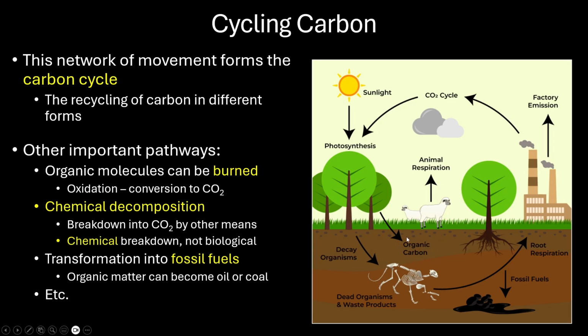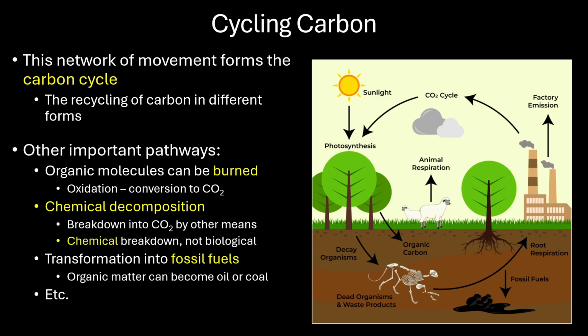Then those detritivores can do respiration to release it as carbon dioxide, or it can be eaten by something else and eventually make its way up the food chain into something different. You could also have, of course, things die and decay, and decomposers can get at them and continue that cycle.